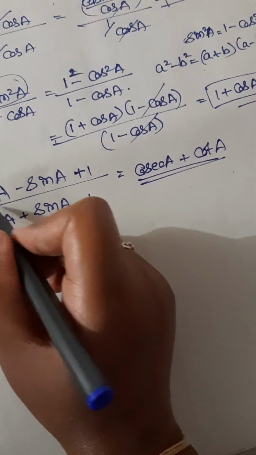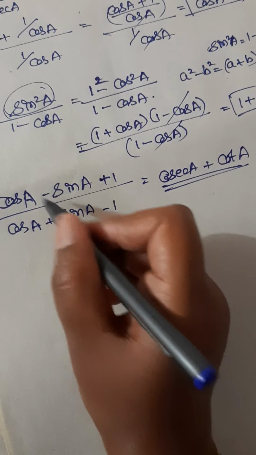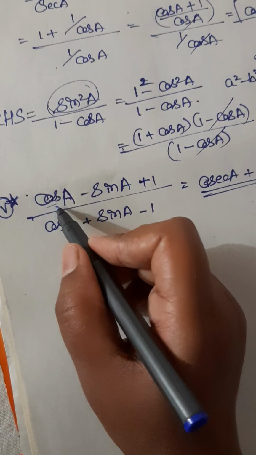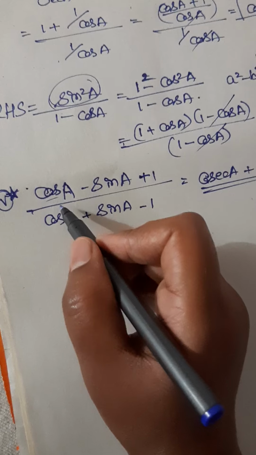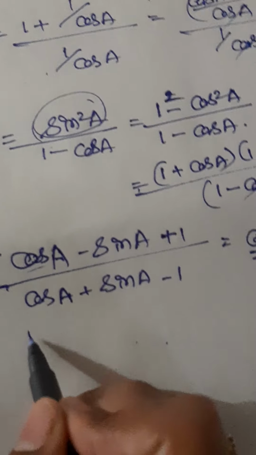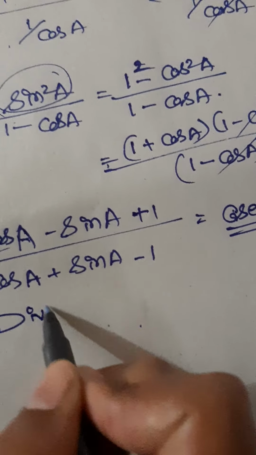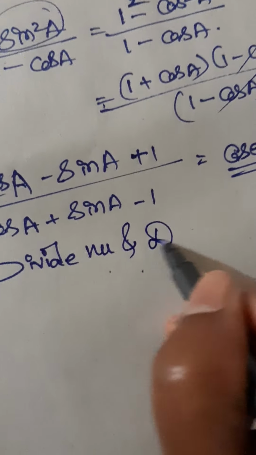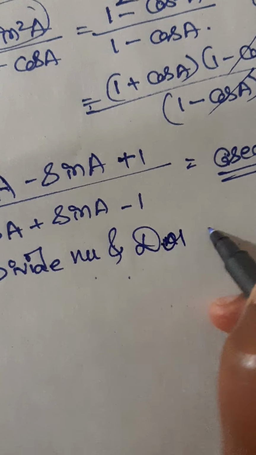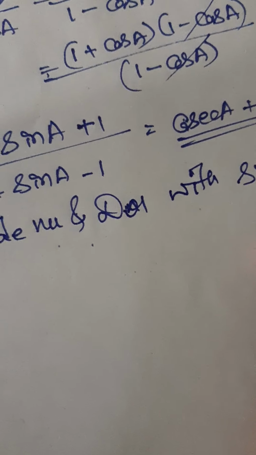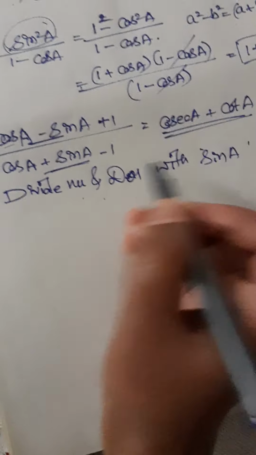To get in this way, what do we have to change? By taking sin a, numerator and denominator, we can interchange like that. So in the next step we will divide numerator and denominator with sin a. Divide both numerator and denominator parts with sin a.